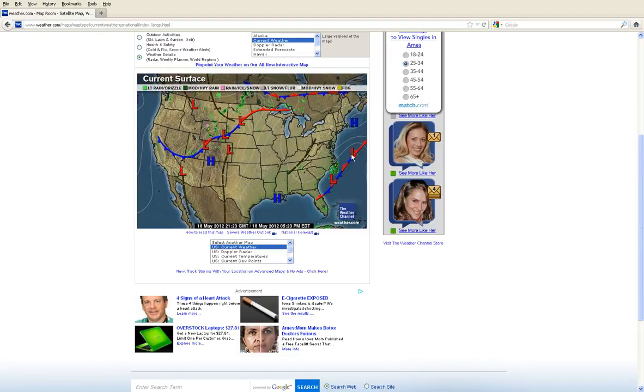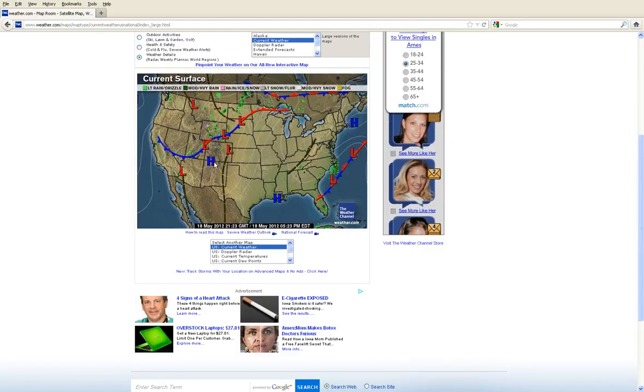So if you take a column of air from the top of your head all the way up through the atmosphere, you have molecules of nitrogen, oxygen, water vapor, and they all exert a force over your head, a unit area. So that's how we measure pressure.